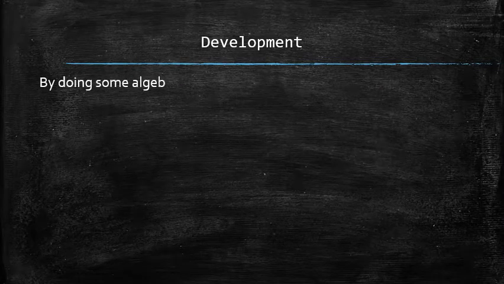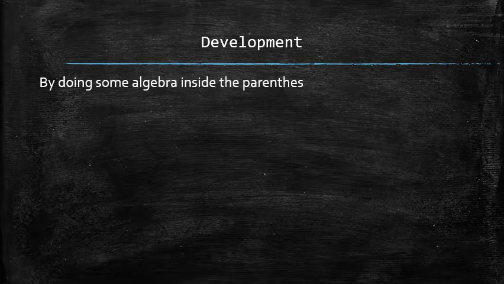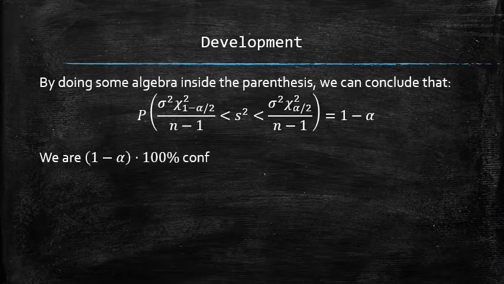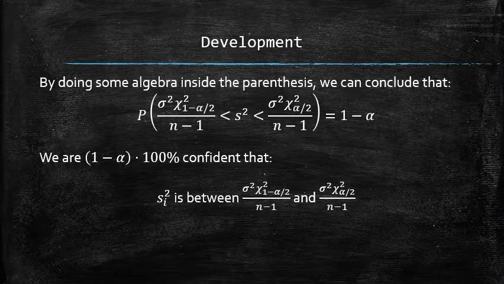By doing some algebra inside the parentheses, we can conclude that the probability of the sample variance to fall in a specific interval is 1 minus alpha, which can be interpreted in the following way. We are 1 minus alpha times 100% confident that the sample variance s squared is within certain boundaries.